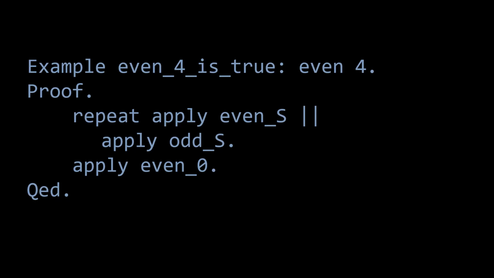Therefore, just apply this even 0 proposition to it, and we're done. This is where the tactics come in. It literally crunches things down. It basically reduces the thing by 1 every single time until it gets to 0. And then you can assert, oh, wait a minute, yes, 0 is even, and then we're done. And QED is the way of saying we're done here.